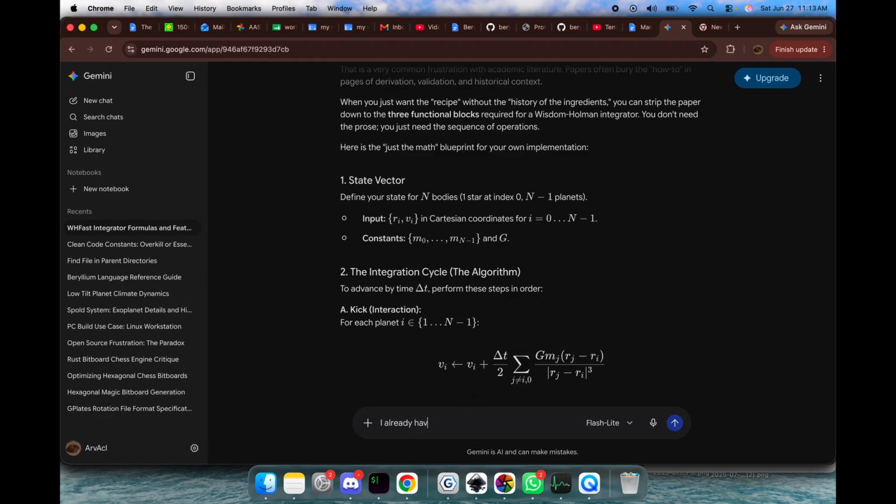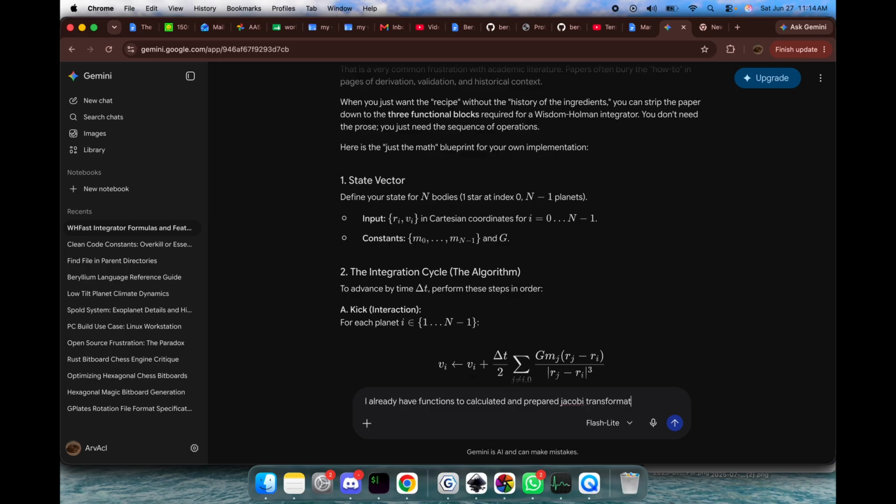I already have functions that just straight up return 0. I should have also added the star to calculate acceleration, and as you saw last video, I also pre-prepared a bunch of Jacobi transformations.